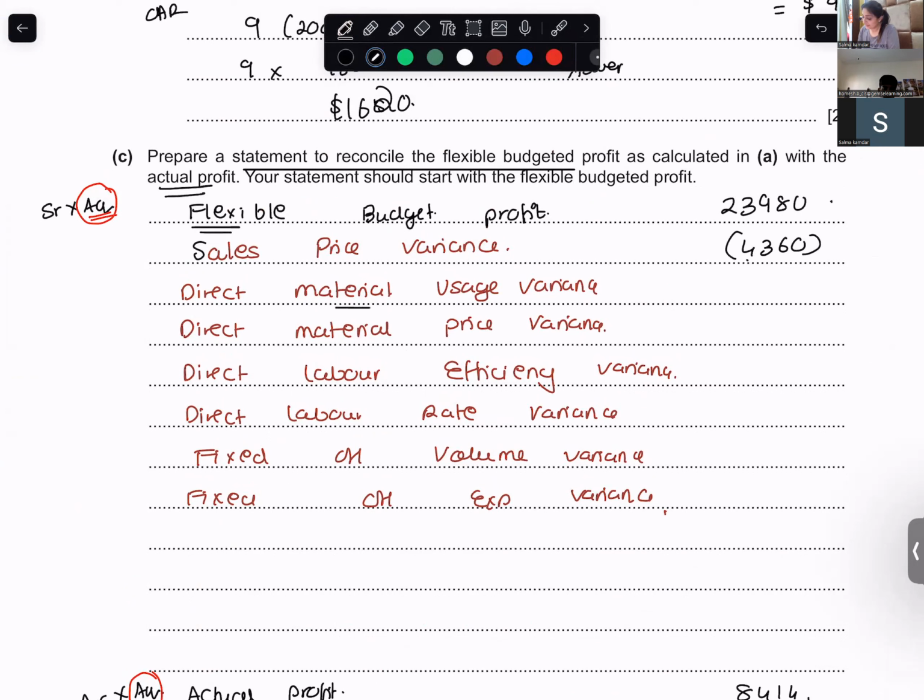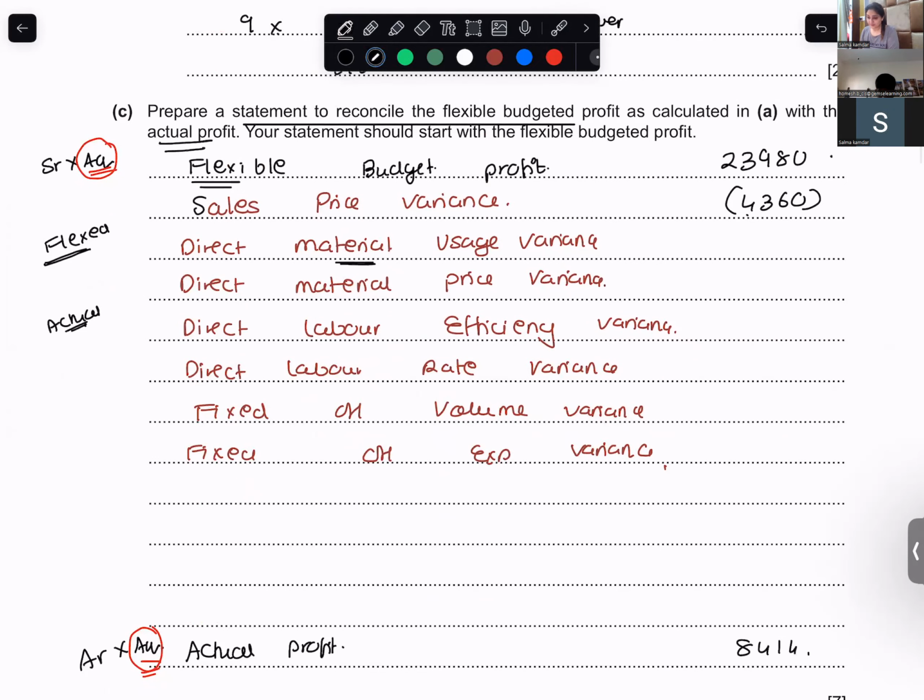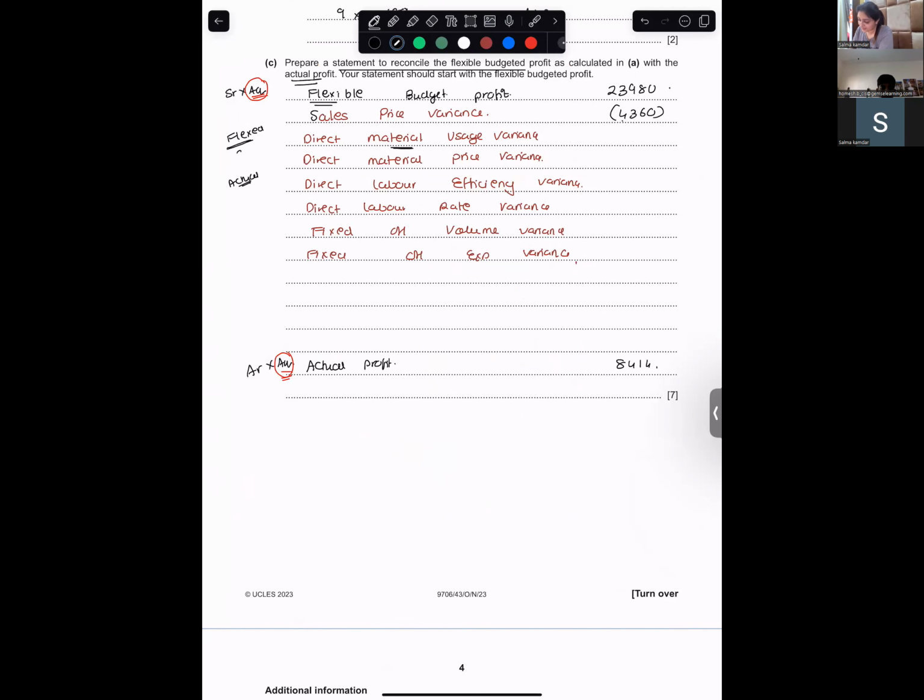You have your direct material cost as per flexed budget and you have your direct material cost as per actual budget. What was your direct material cost as per flexed budget? Miss, it was 91,560. So direct material cost as per flex budget was 91,560.